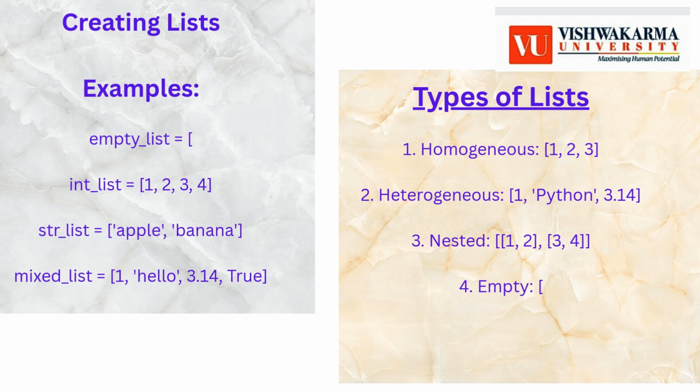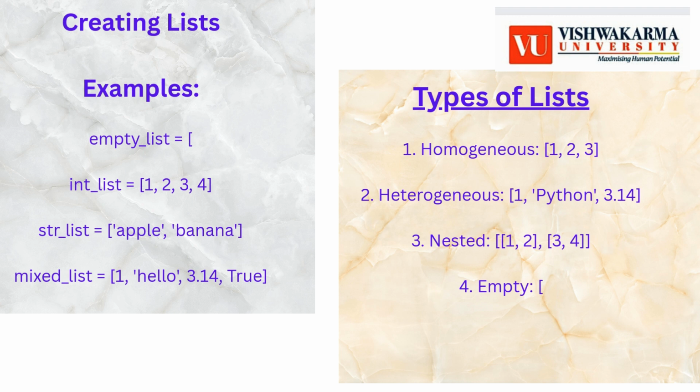Next is heterogeneous. 1, Python, 3.14 was the example of heterogeneous, meaning they have all different types of values. Heterogeneous can carry a floating number, a character or a string, any of them, of different types, all in one list. Third is nested list, meaning list in list.